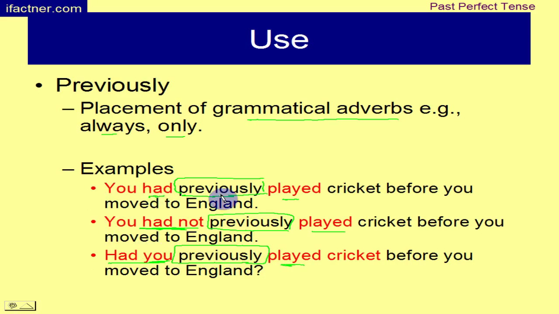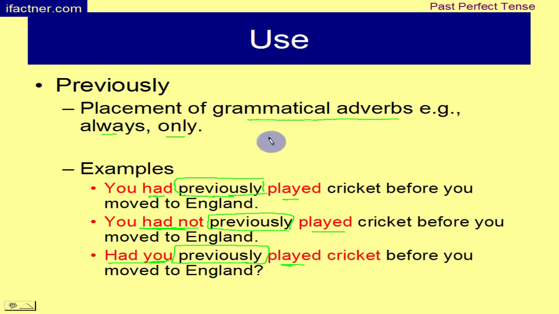You had previously played cricket before you moved to England. You had not previously played cricket before you moved to England. Had you previously played cricket before you moved to London?